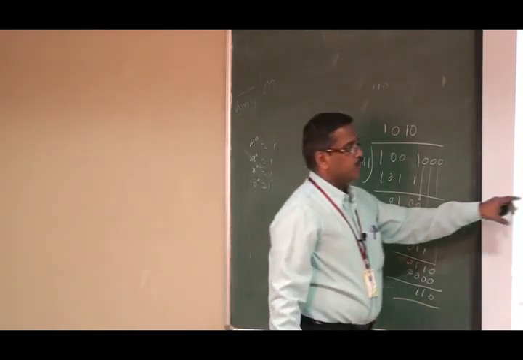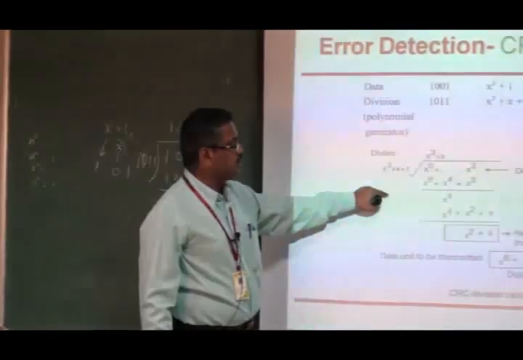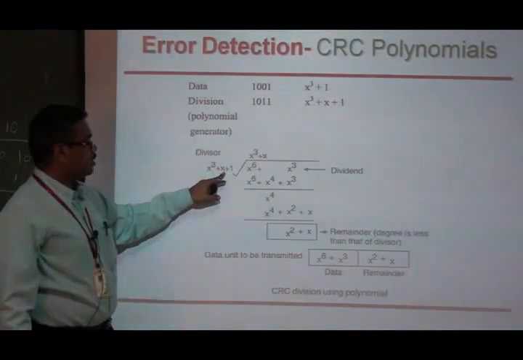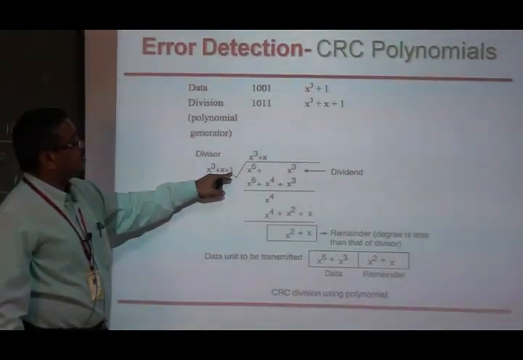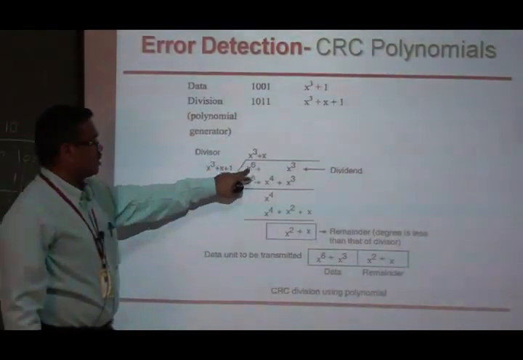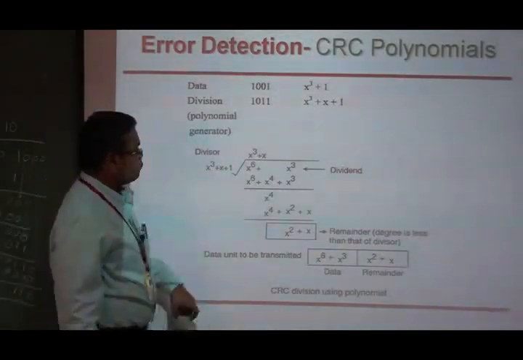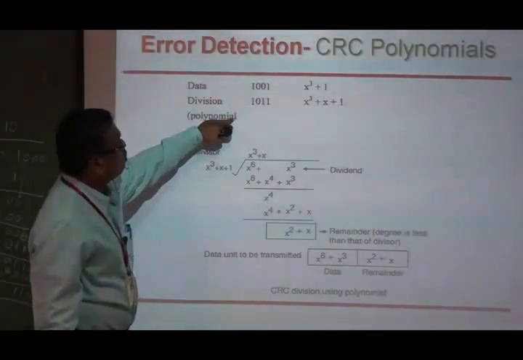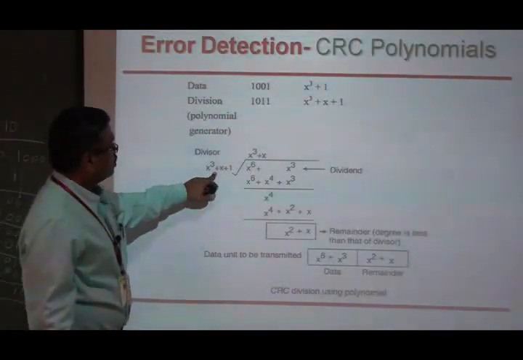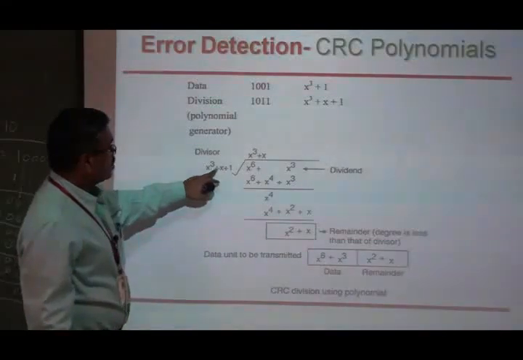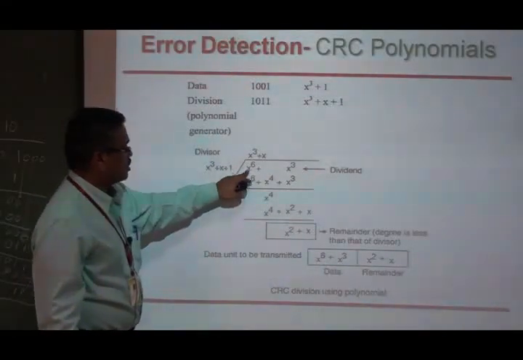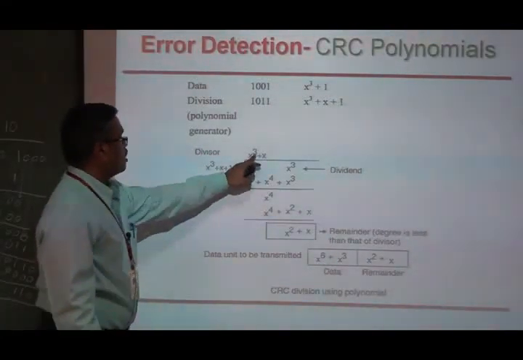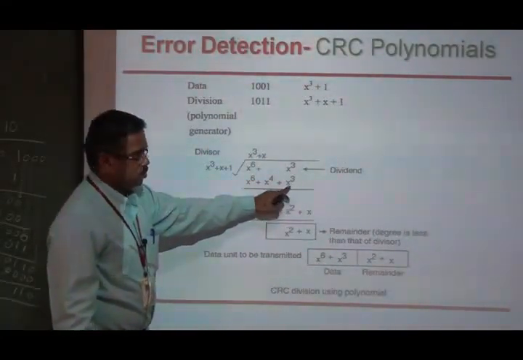At the same time, when you have the polynomial division here, I am taking x cube plus x plus 1. Okay, so here we are making x6. So x cube plus 1, making this, x cube into x cube is x6, plus x cube into x is equal to x4, plus x cube into 1 is equal to x cube.